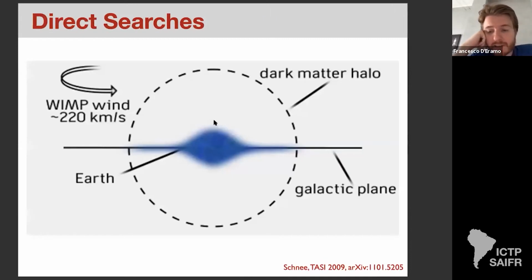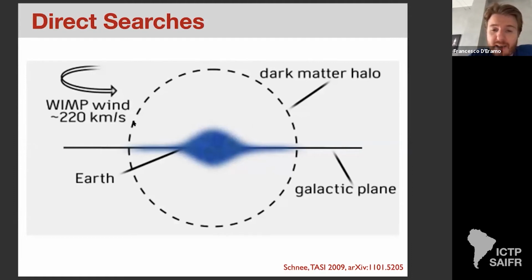So now we discuss direct searches. The reference I suggested is these Stasi lectures from 2009. And you see the sketch of the figure I showed you yesterday. This is the position of the Earth on the galactic disk. And then there is a WIMP halo.